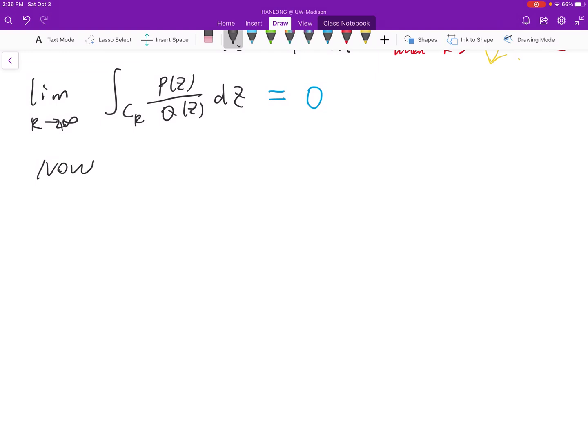Okay, now consider the horizontal line integral.